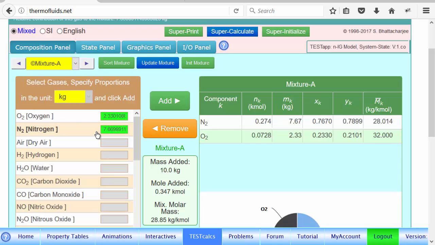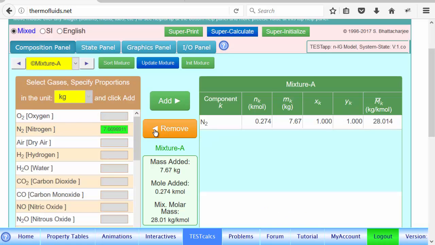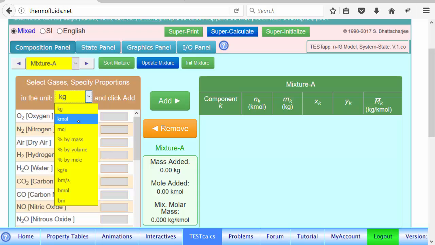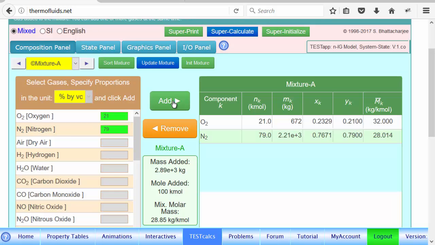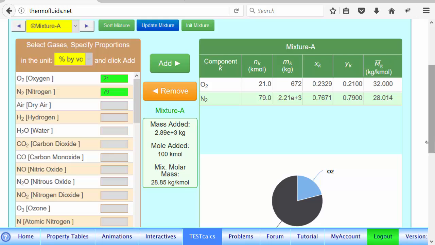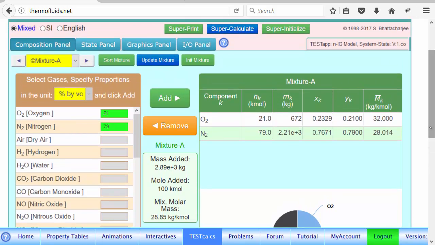Another way to do it is, okay, let's take them out, remove this. If you want to treat air as a mixture of oxygen and nitrogen, we could just say percent by volume is supplied here. So we can pick that, and we can say we have 21% oxygen and 79% nitrogen. Add that. Notice when I add that, air is composed here. It's shown graphically here.